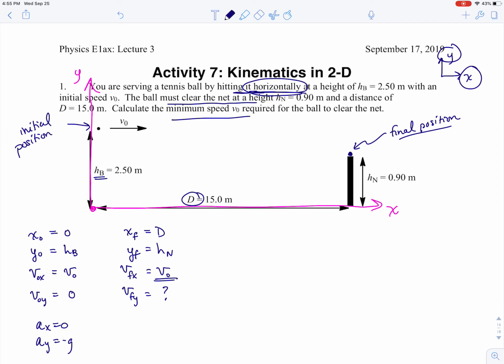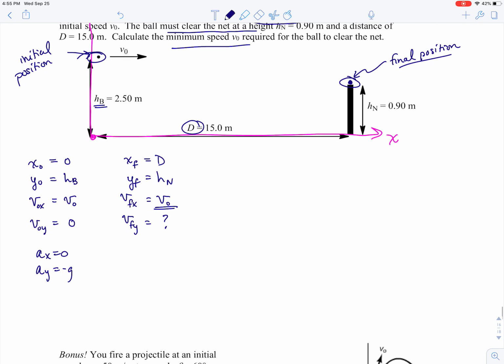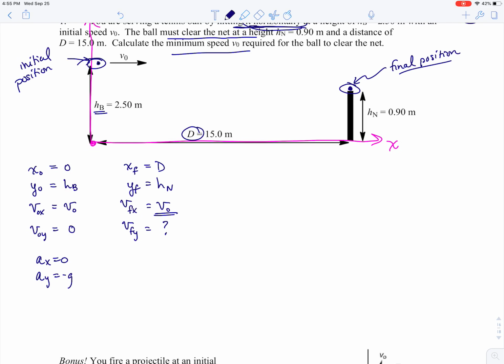So here, I think we can figure out the time it takes for the ball to get from this height to this height. So you can think about this as just a ball falling and a ball moving to the right. And it's sort of the combination of those two things. So let's figure out how long it takes the ball to fall if we just dropped it in free fall, to fall from here to this height.